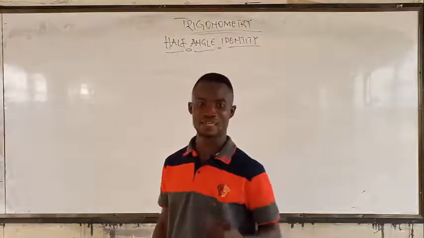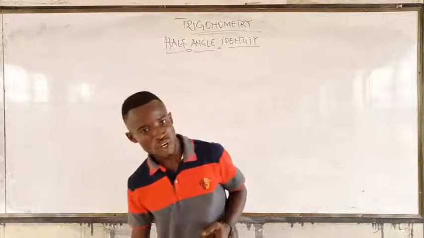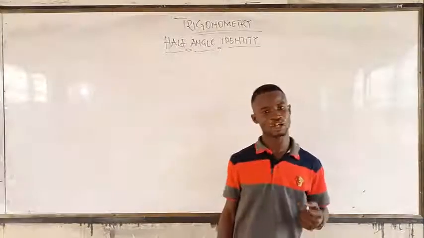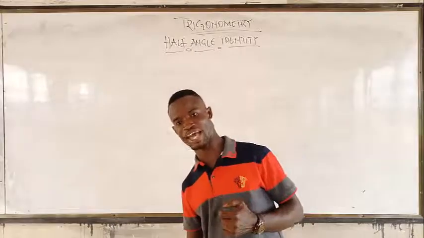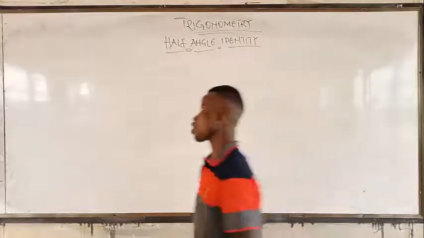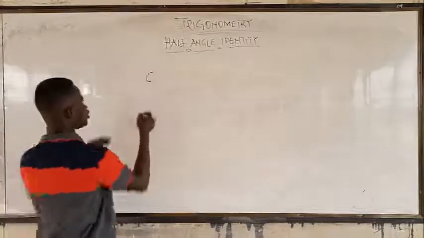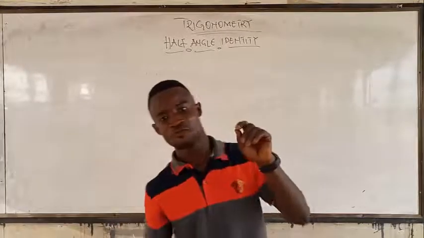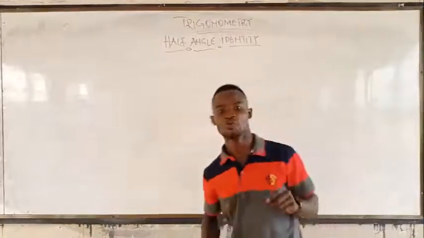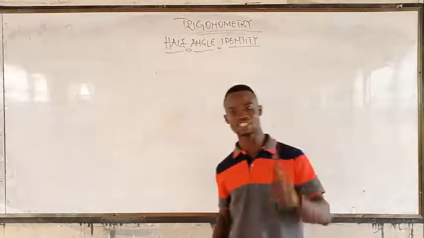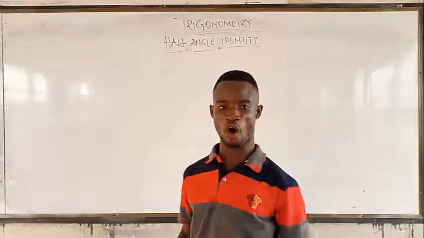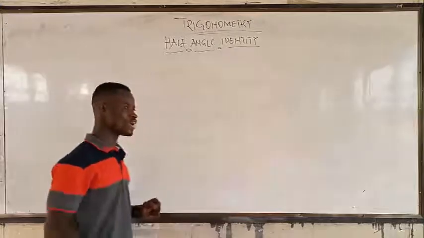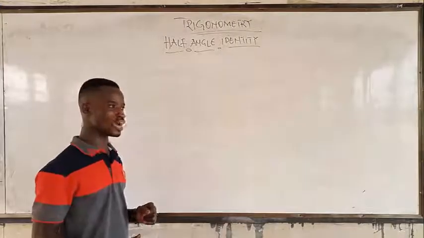So here we are saying that from the alternative forms of the identity for cos 2a, we derive three additional identities for when we're doing double angle.